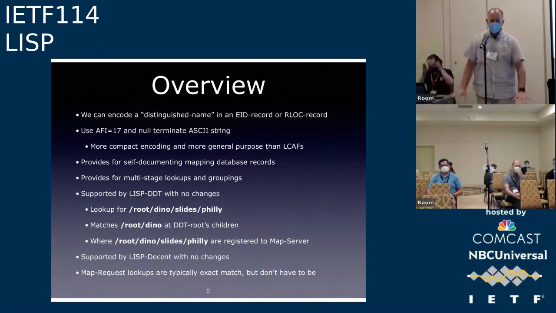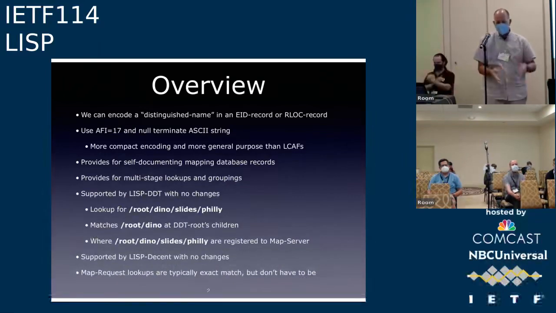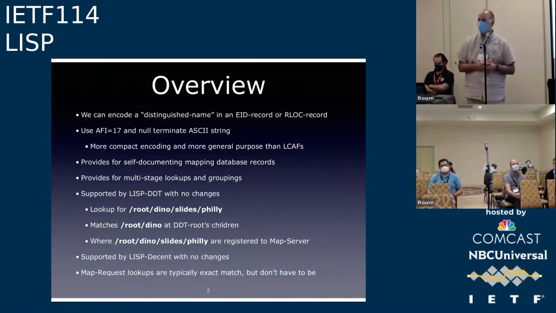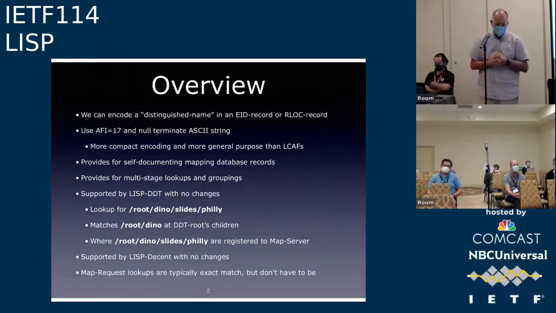And then the children could support /slides or /slides_Philly. So it looks like it's more specific, just like it would be with a power of 2 address. It wouldn't have bit boundaries, it could have arbitrary boundaries, so the designer of the mapping system would have to decide if the slashes were the boundaries, because they could be variable length.